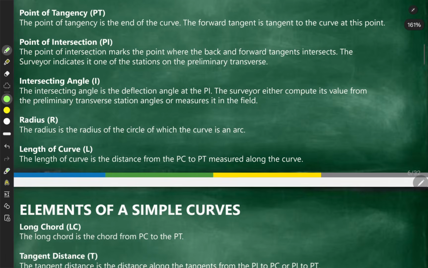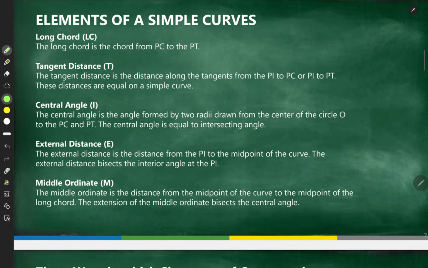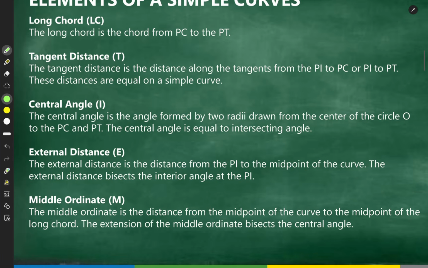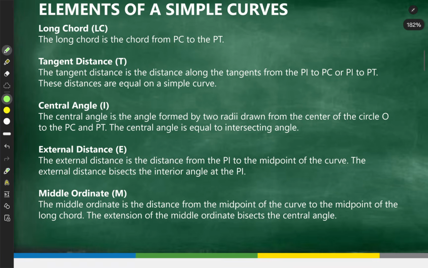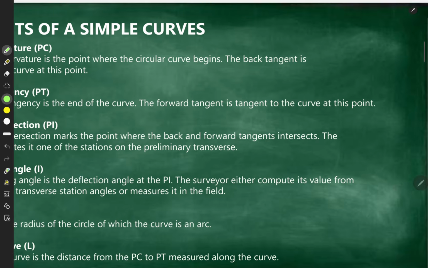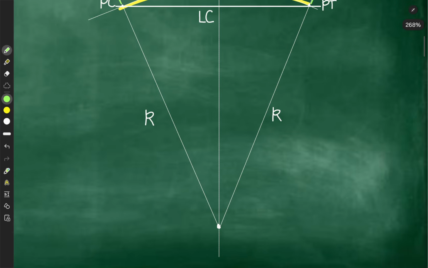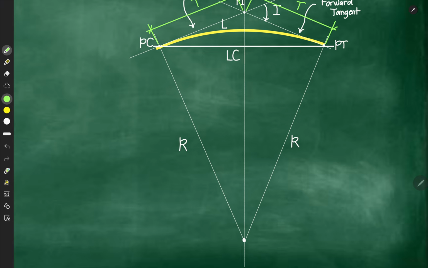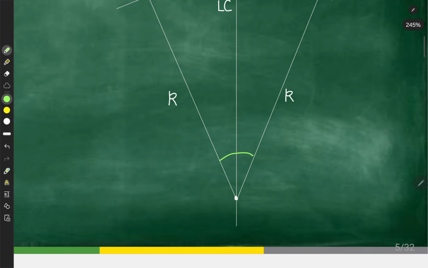Okay. Next, we also have this central angle. The central angle is the angle formed by two radii drawn from the center of the circle O to the PC and PT. The central angle is equal to intersecting angle. So if this is an arc, and if this is radius and this is also radius, again the central angle is the angle formed by two radii.